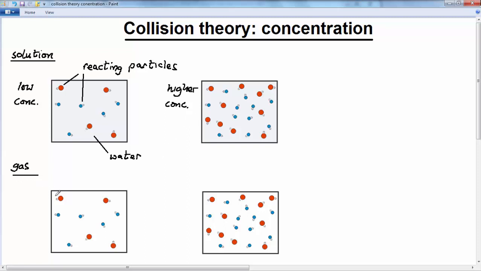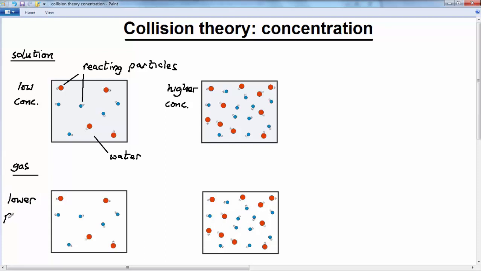Similarly with a gas, rather than talking about the concentration, we're talking about the pressure. So really it's the same thing. By increasing the pressure of a gas, that's to say we're increasing the number of particles within a unit volume, and that's effectively the same as increasing the concentration of the particles in the gas. Okay, so here we've got the gases at a lower pressure.